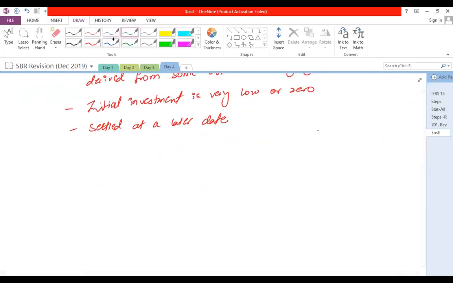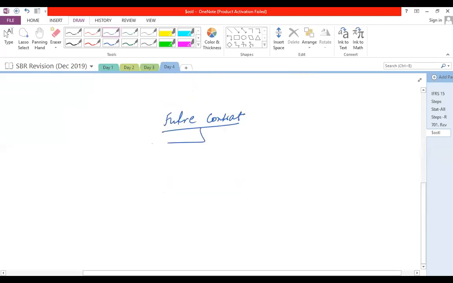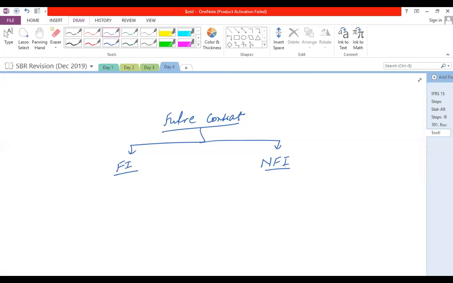But let's suppose if in the question it gives us any future contract, any forward contract, any option or any swap, we need to check whether this contract relates to a financial instrument or a non-financial instrument. Like let's suppose we have signed a contract to buy shares.